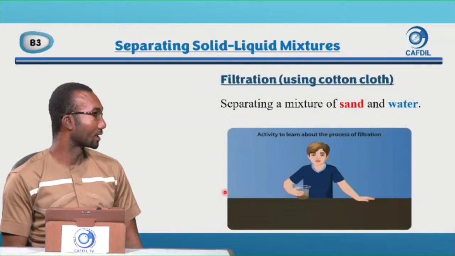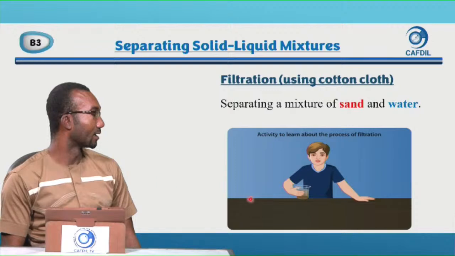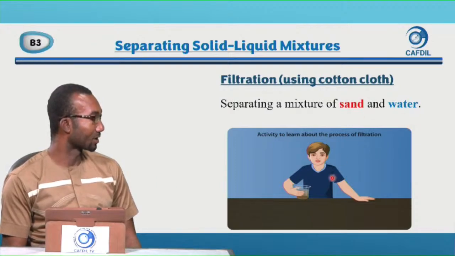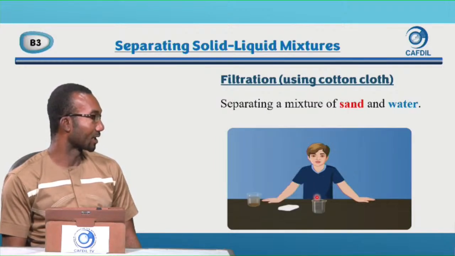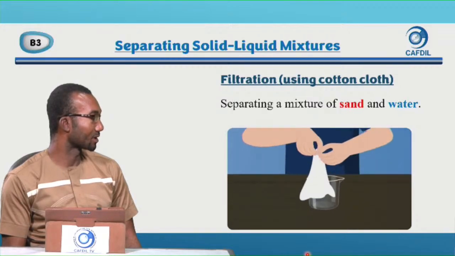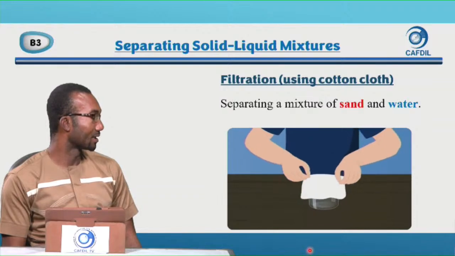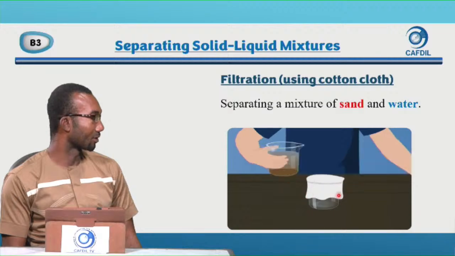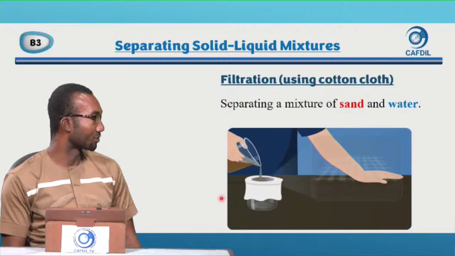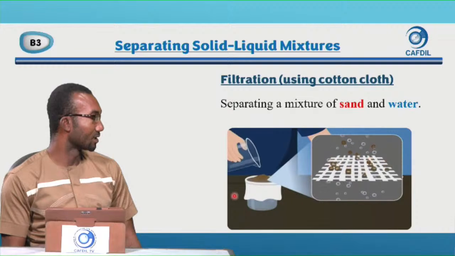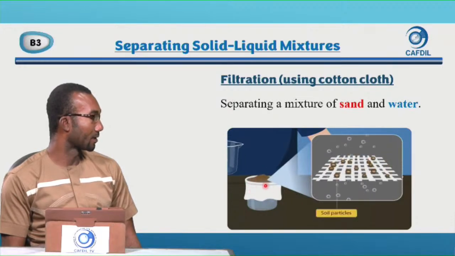So let's look at separating a mixture of sand and water using the cotton cloth. This is the sand and water, and we are going to separate it. So this is the cotton cloth. You cover the container, the beaker, with a cotton cloth, and you can use a rubber band to tie it, and then you pour the mixture on the cotton.